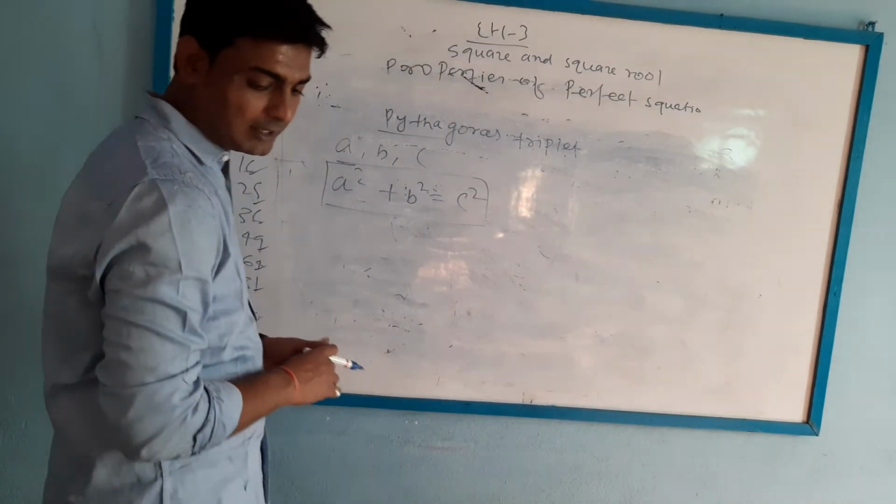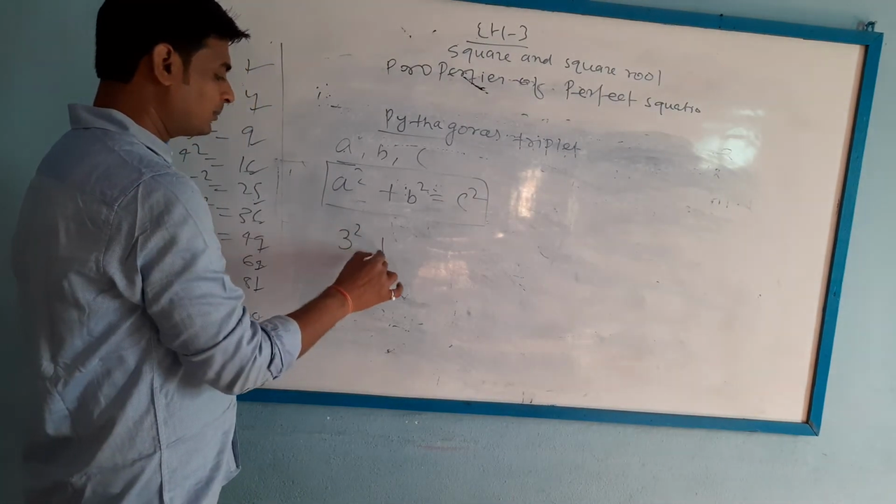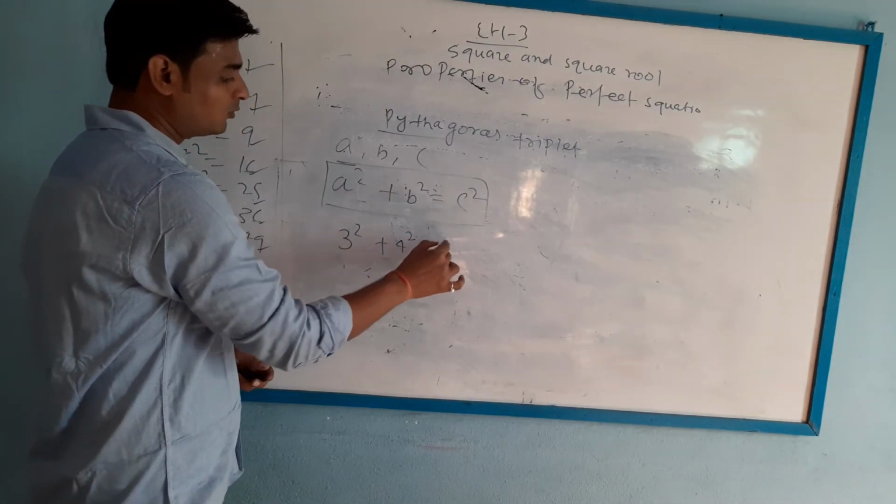For example, 3 square plus 4 square is equal to 5 square.